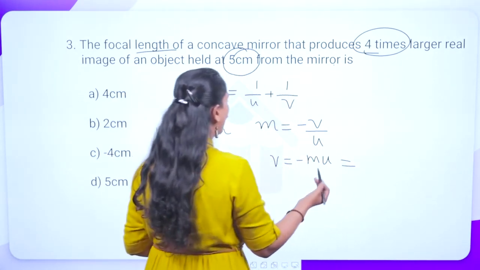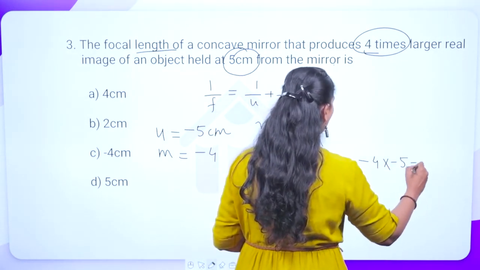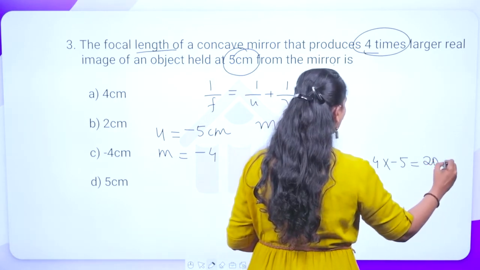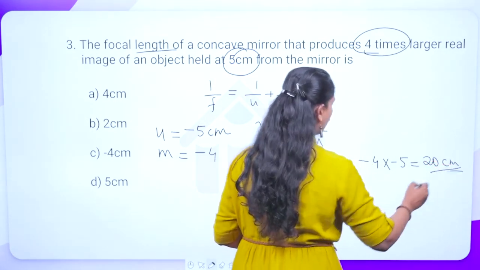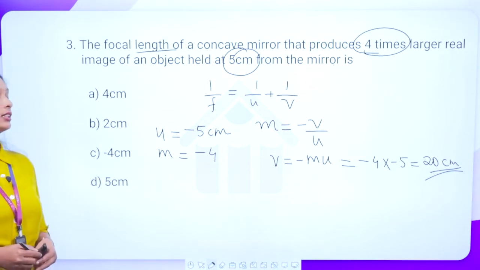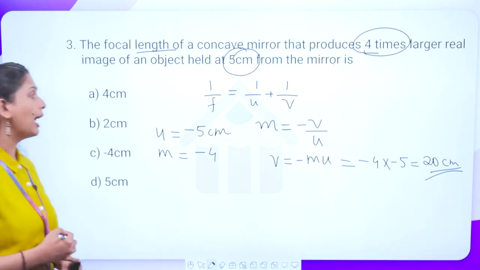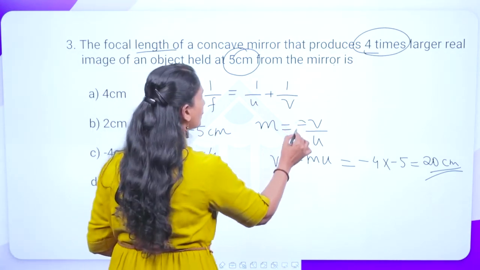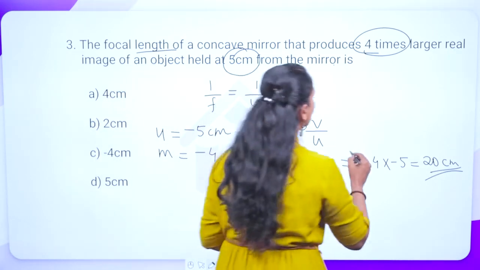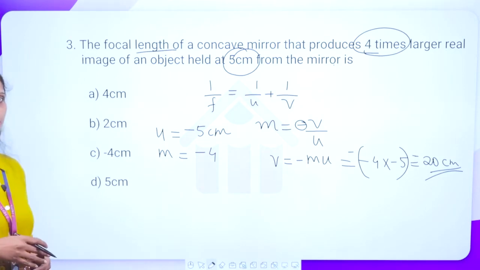Substituting the values for m and u, it will be minus 4 into minus 5, that is 4 into 5, 20 centimeter. You will have a positive value because there is already a minus in the equation, and with magnification being minus 4, that makes it 20 centimeter. Okay, and there is a minus here, so when you substitute that, this will be minus 20 centimeter.